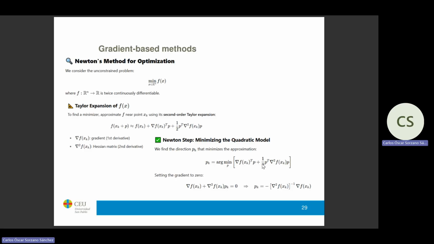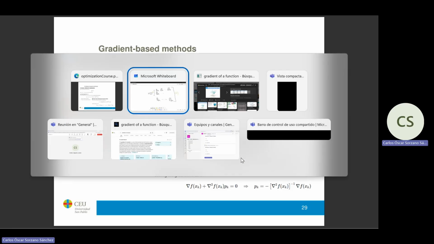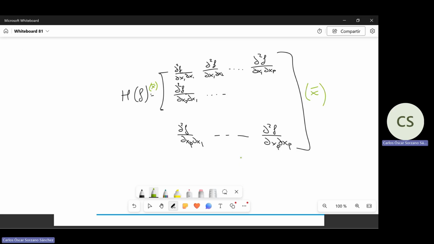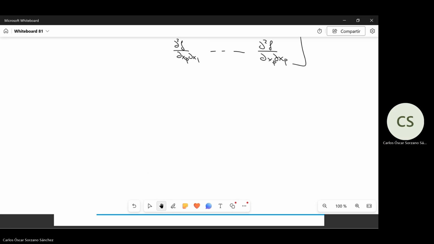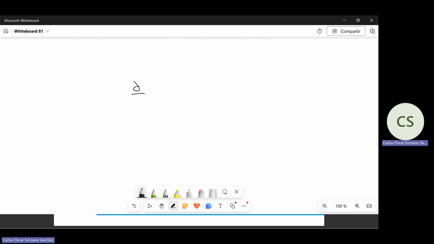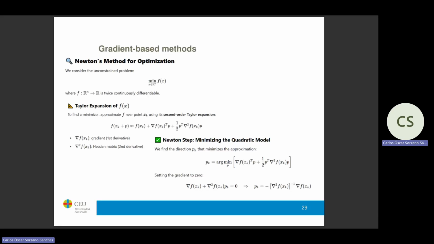The derivative with respect to a vector of A transpose X is A. It is one of these differentiation rules that we saw at the beginning.